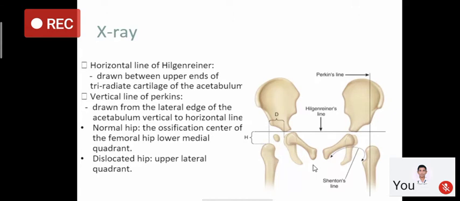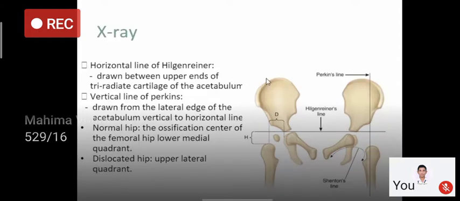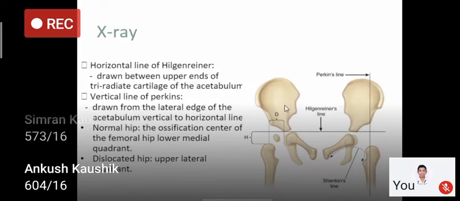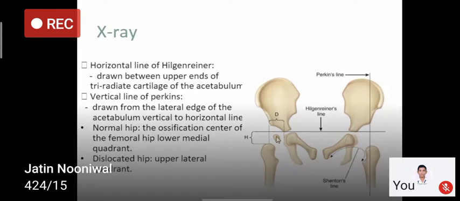Other things which you can see on this, if the case is unilateral, the side which is dislocated can have atrophic innominate ilium, ischium and pubis bone, and delayed appearance of the head of femur. As in this case, there is no appearance of the head of femur.